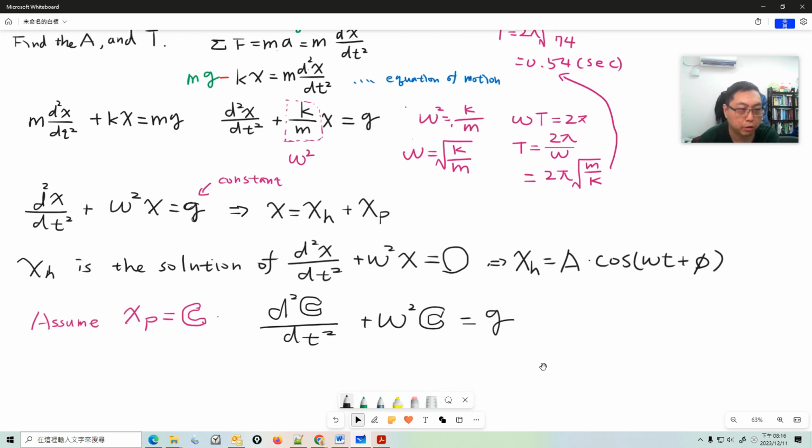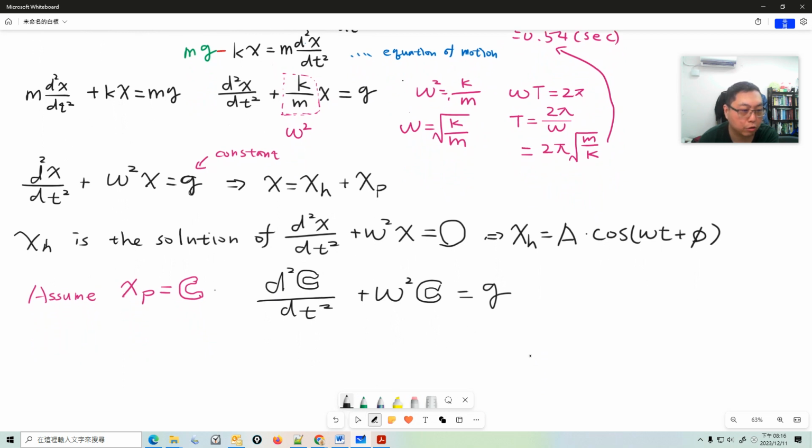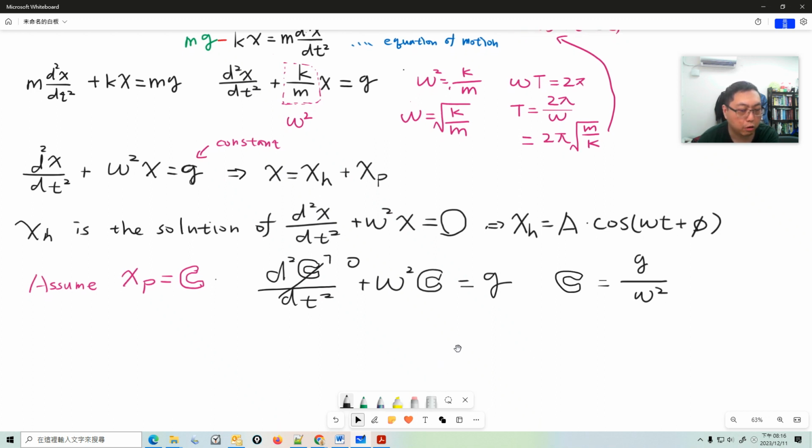Because we assume the particular solution is just a constant, the derivative term goes to 0. So we can find C. It's very easy: C is just g over omega square. So finally we get the solution x equals xh plus xp, where xh is the solution of the simple harmonic oscillation.